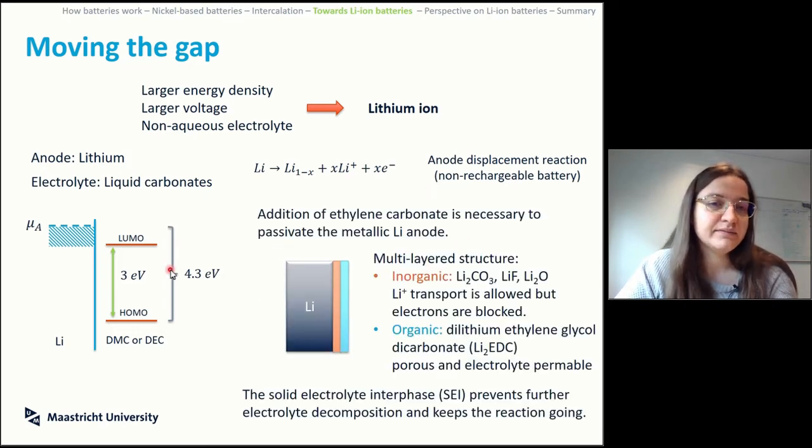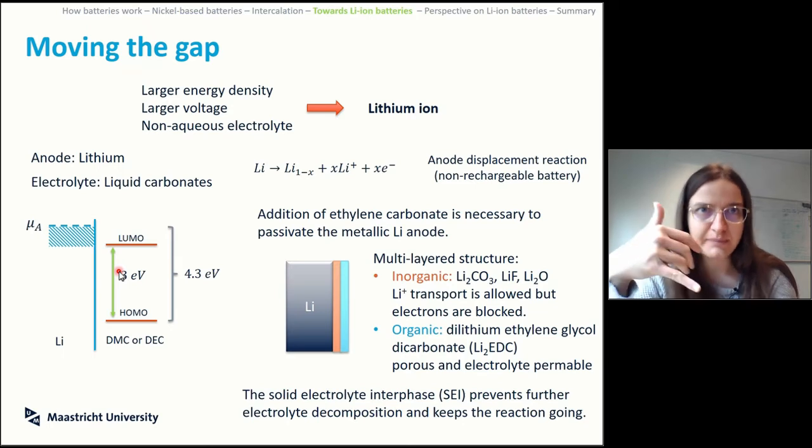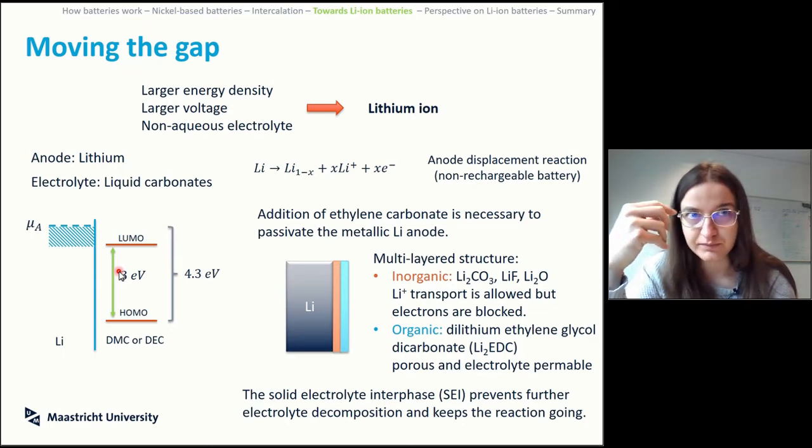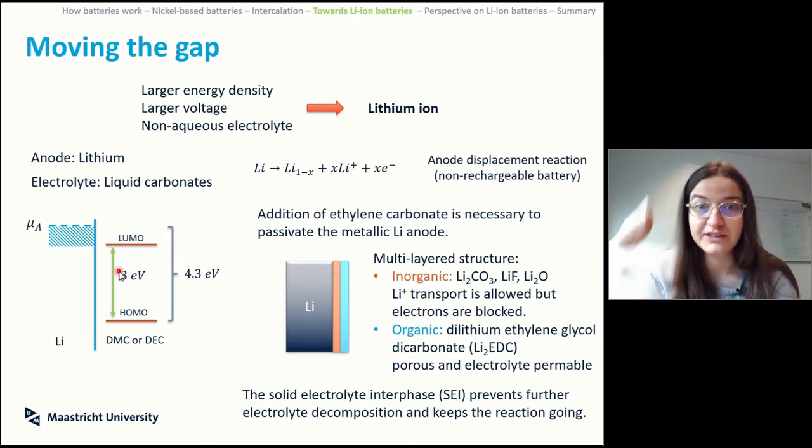Now this thing of having ethylene carbonate is also useful because you can notice here that we are not exactly in the condition that we said before. We were supposed to be upside down here, right? So this in theory could potentially destabilize the electrolyte.